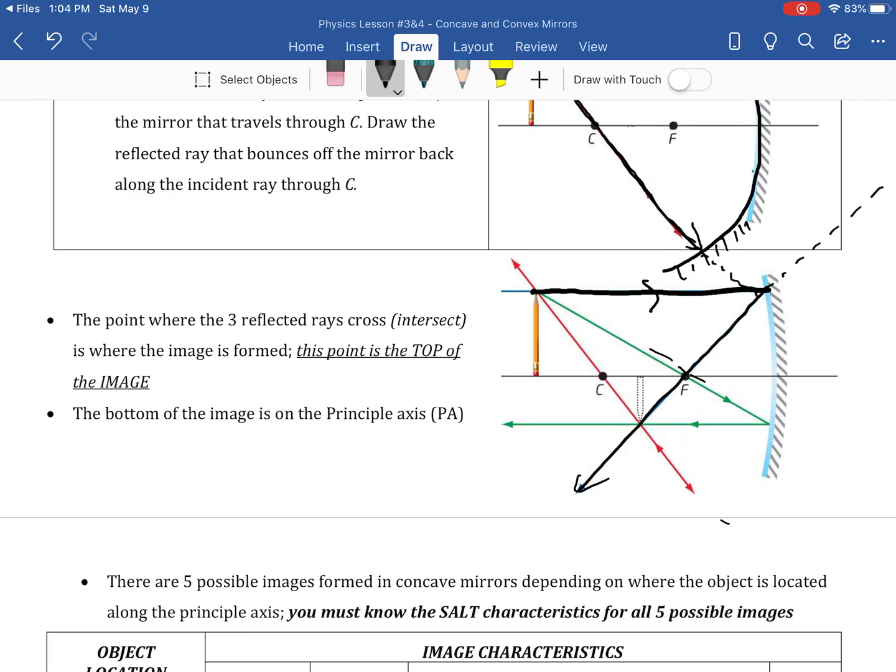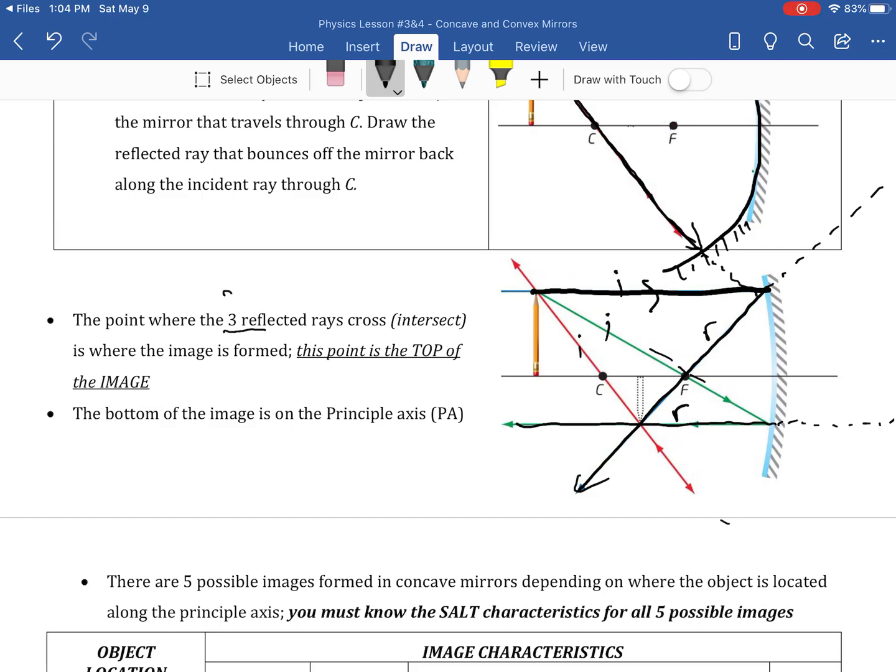Now, reflective rays can go backwards. Remember, this is an incident ray, this is an incident ray, and the first one is an incident ray. This is a reflective ray. This is a reflective ray. Reflective rays can go back behind the mirror, all right? So this was my reflective ray. It can go back behind the mirror. Now, this is the key, all right?